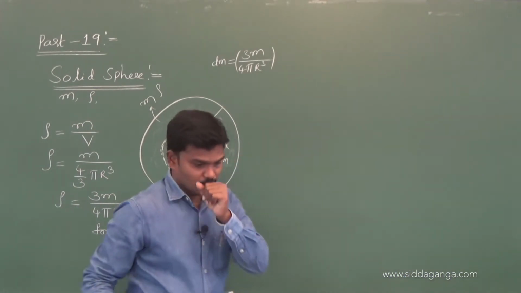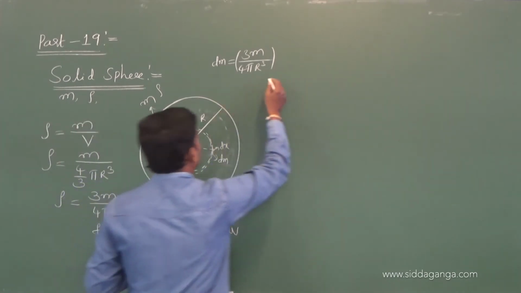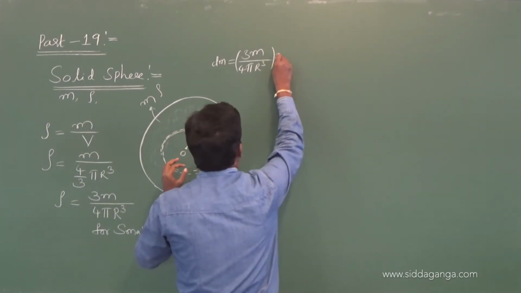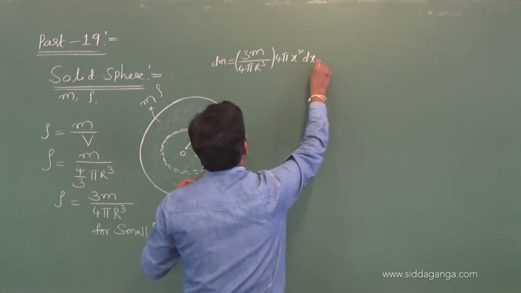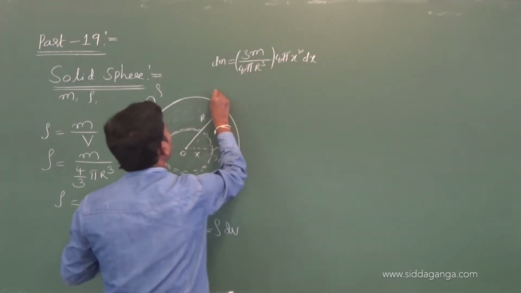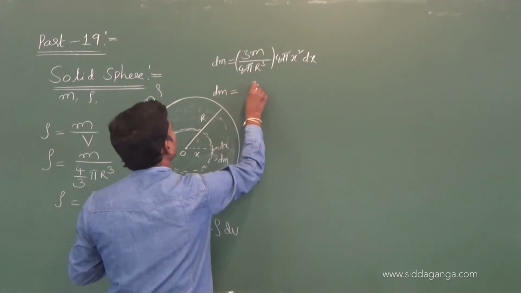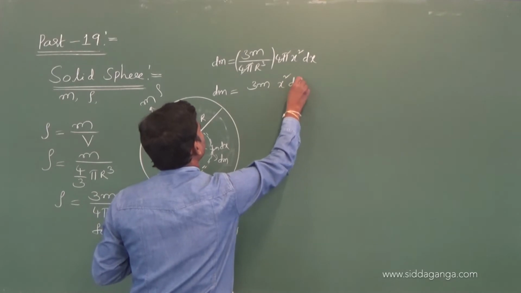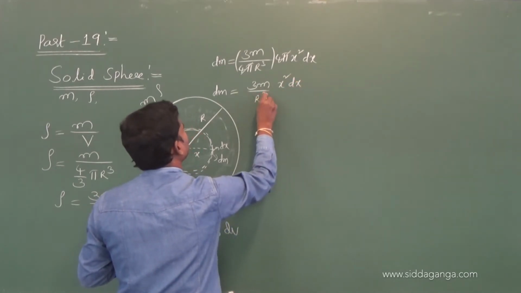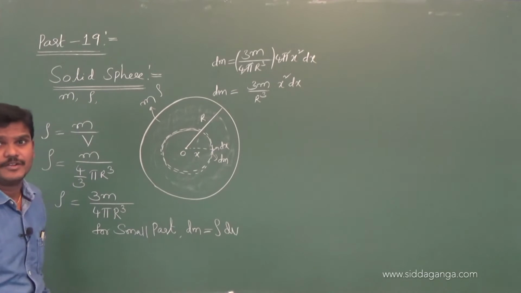The area of the hollow sphere is 4 pi x square, into thickness dx. Then we get dm is equal to 3m x square dx by r cube. So I got the dm value.